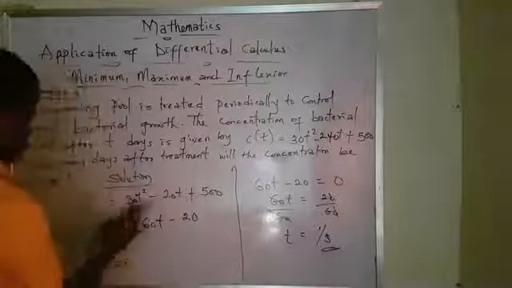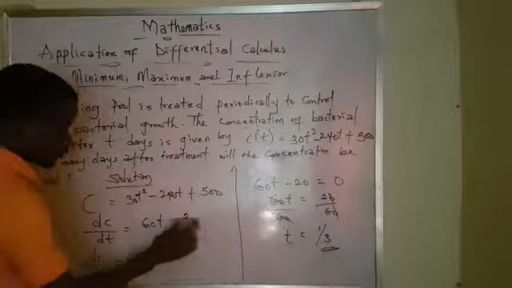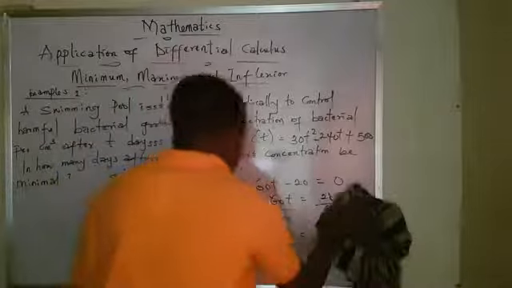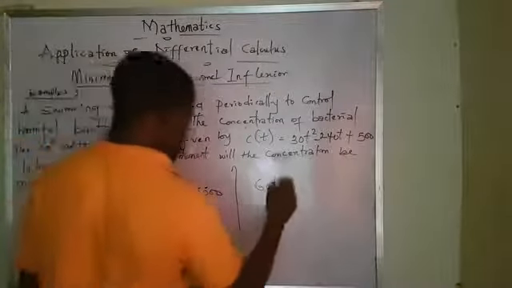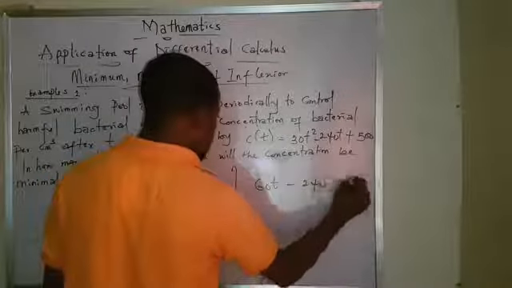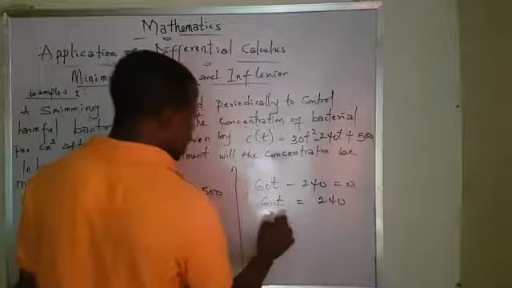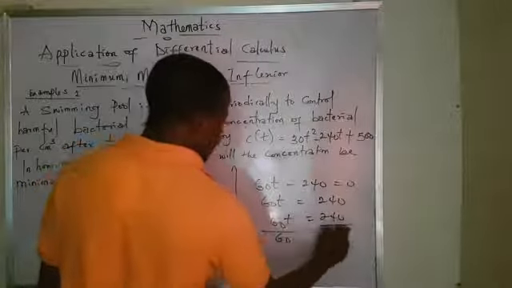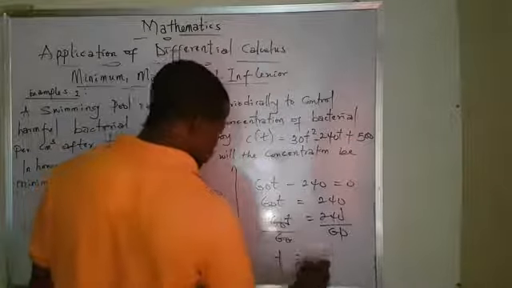So if I have 240, 60T minus 240 can be equal to 0, and that means 60T can be equal to 240. Dividing both sides by 60, 240 divided by 60, this cancels out this. Of course, T will be equal to 4 days.